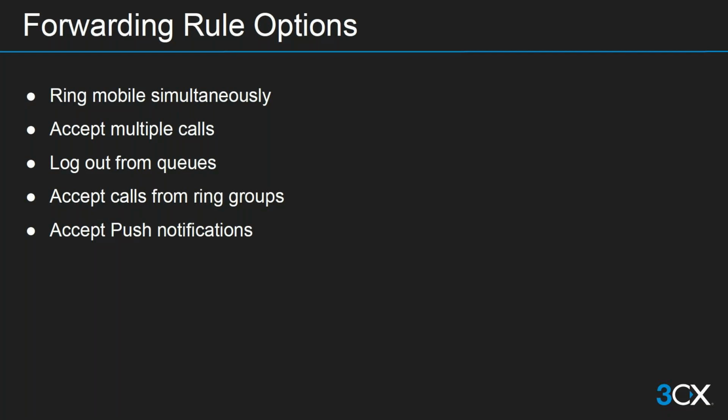It generally rings automatically when it's registered, but when we have push notifications enabled, it will be elevated from the hibernating mode. But if we enable ring mobile simultaneously, it actually will ring the mobile number that is placed in the general tab of the user.